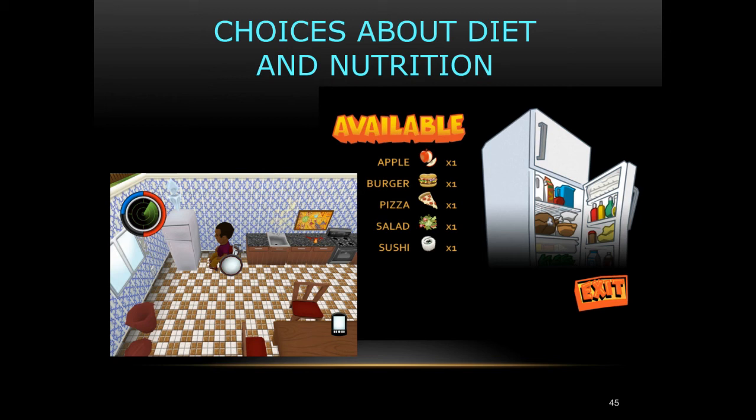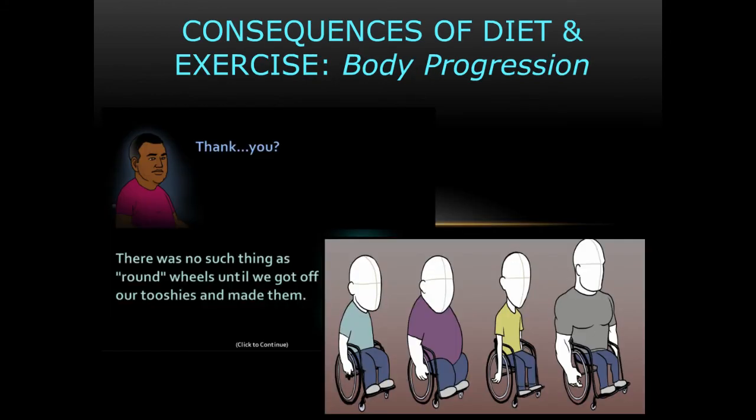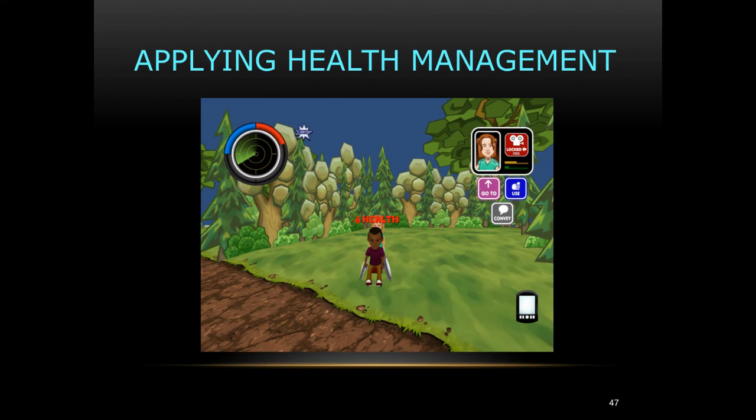For example, if the player is getting fatigued and their stamina is dropping, they can choose to have something like a candy bar, which is a quick jolt, but could have adverse effects on their fitness level. On the other side, they could choose to have something a little bit healthier. And as they make these choices, their physique actually changes.